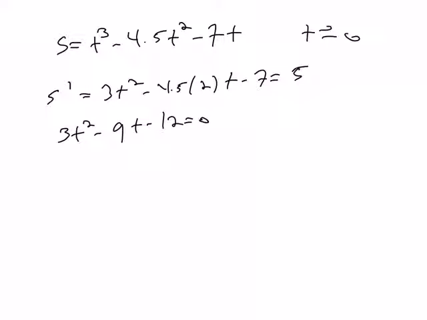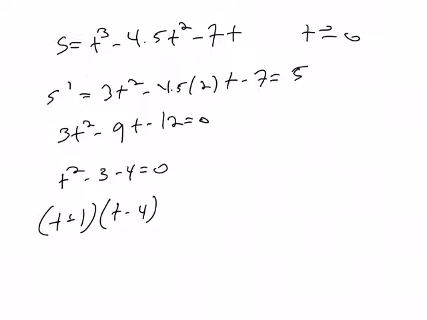So we can take out a 3, and we get t squared minus 3t minus 4 equal to 0, or t plus 1 times t minus 4, right?